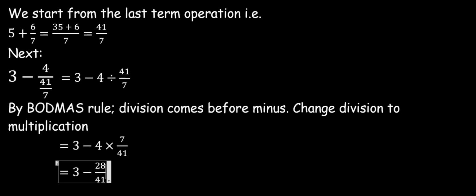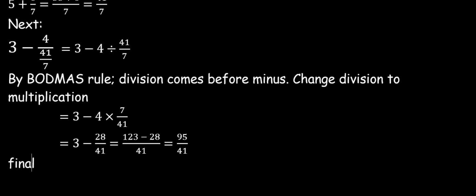Now, we can perform our simple arithmetic operation, which will be 123 minus 28 over 41. And that's equal to 95 over 41. Finally, we can now solve the last operation, which is 1 plus 2 over 95 over 41.